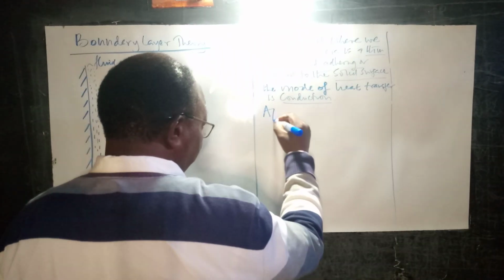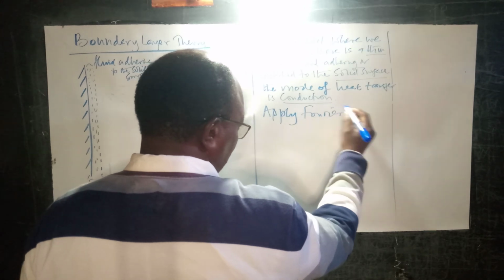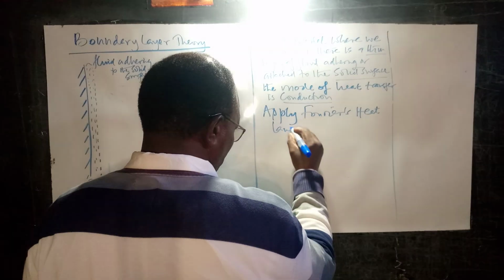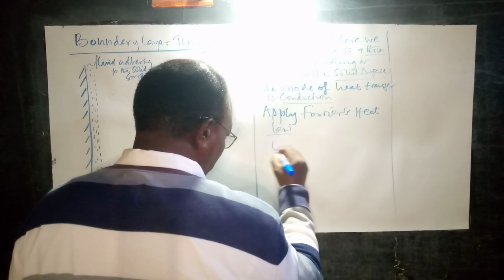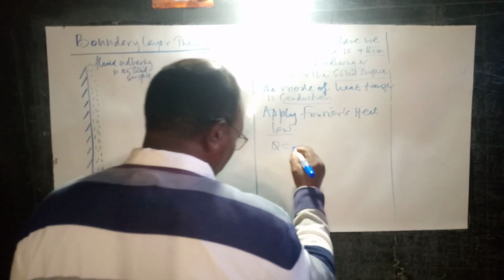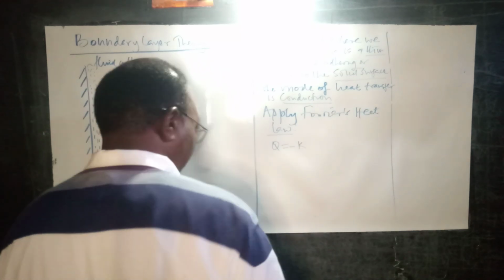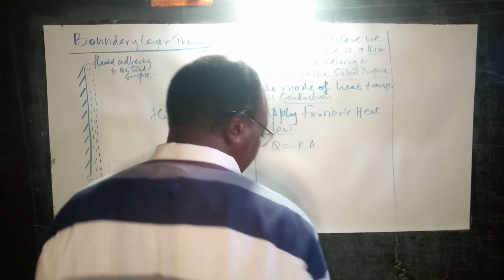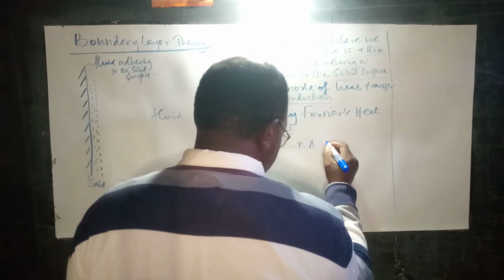Therefore, we can apply Fourier's heat law, so that in a nutshell, the rate of heat transfer for this particular system will be minus k, and then we have the area of flow and the temperature gradient.